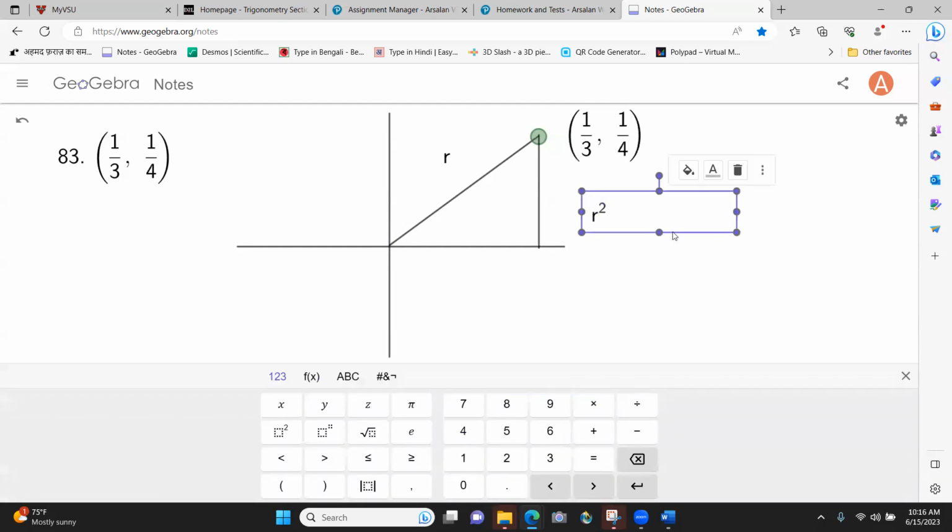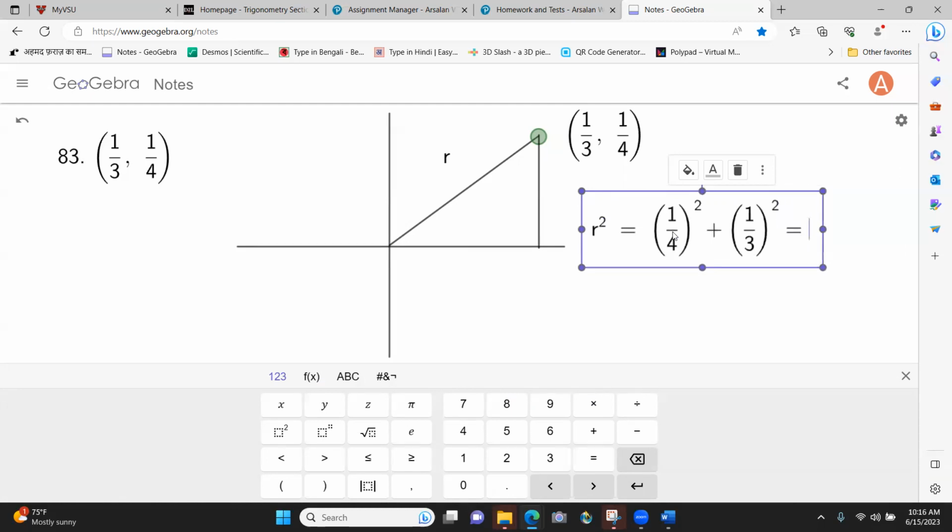R squared is equal to 1/4 squared plus 1/3 squared. 1/4 squared is 1 squared, which is 1, divided by 4 squared, which is 16. 1/3 squared is 1 squared, which is 1, divided by 3 squared, which is 9.